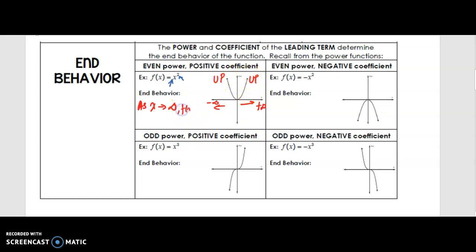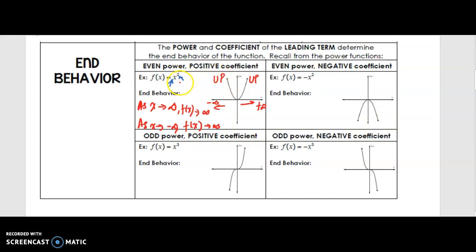So that means f of x approaches positive infinity, right? As x approaches negative infinity, what happens when the graph is going on the left side? It's also going up. The values of y are still going in the positive direction, right? So that's what you have to remember.